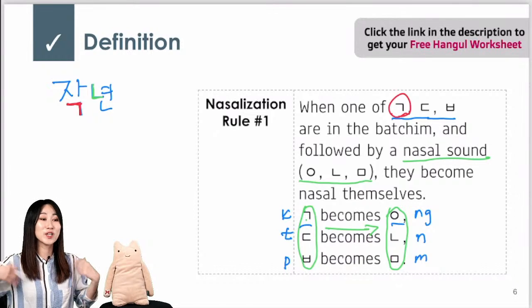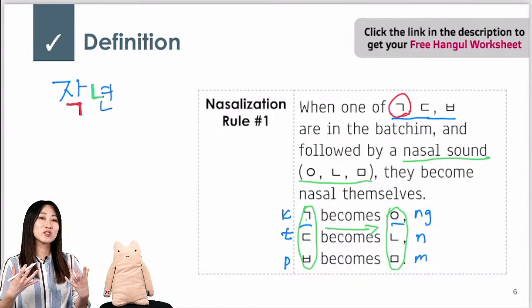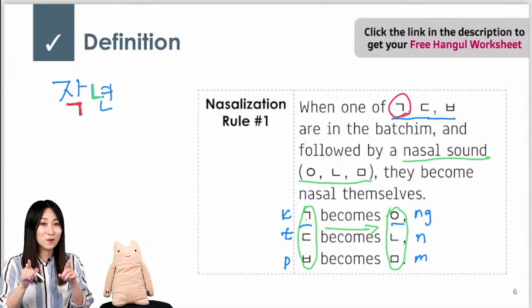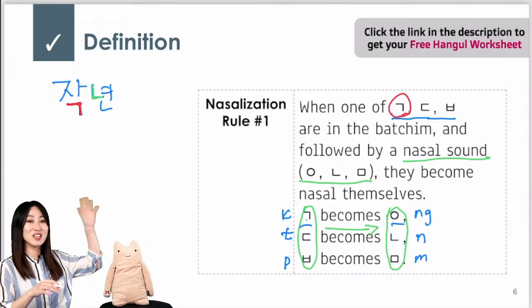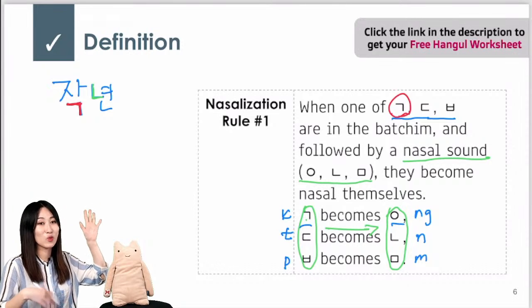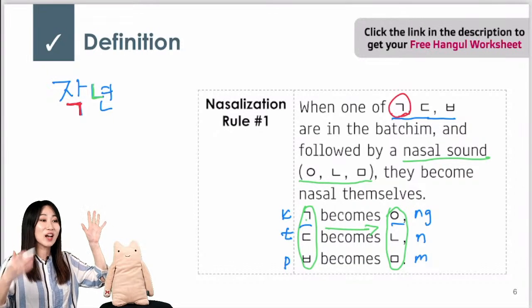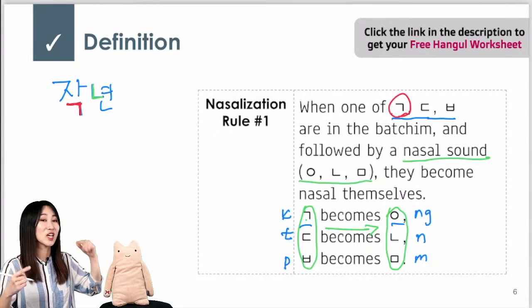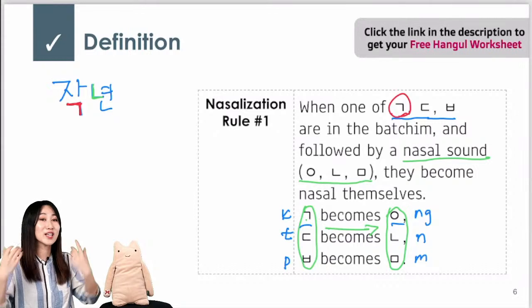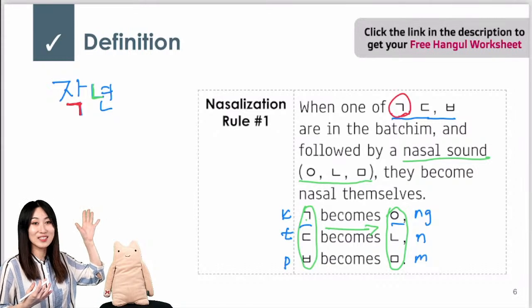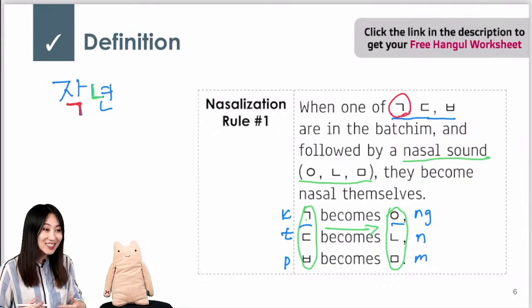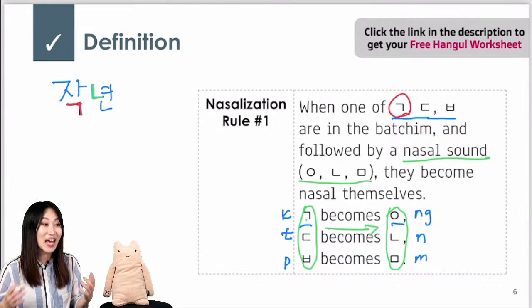This happens very naturally, and you will understand this if you pronounce these words with me together. While you're learning, please read it out yourself, then you will understand that your tongue muscle will naturally pronounce this. It's not a rule that Korean people made, but it was made naturally.